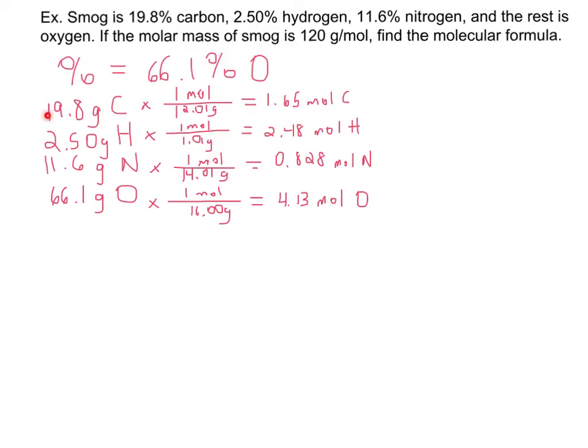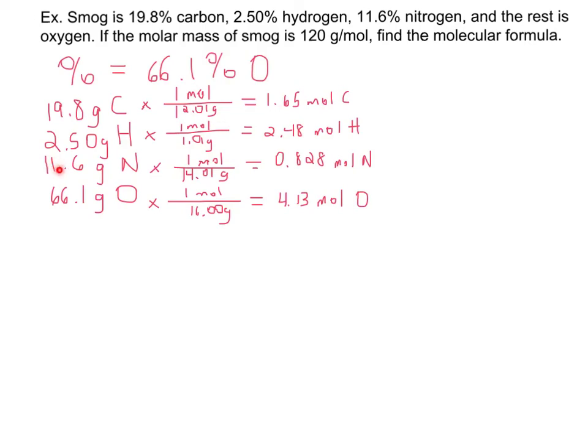I took 19.8 grams of carbon, divided it by its molar mass, which is 12.01, and I got 1.65 moles of carbon. I then took 2.50 grams of hydrogen, divided it by its molar mass, which is 1.01, and I got 2.48 moles of hydrogen.